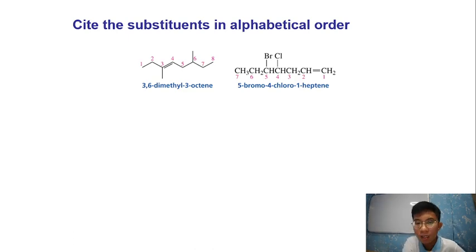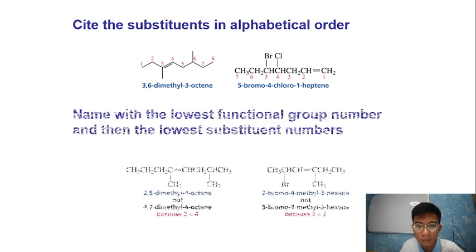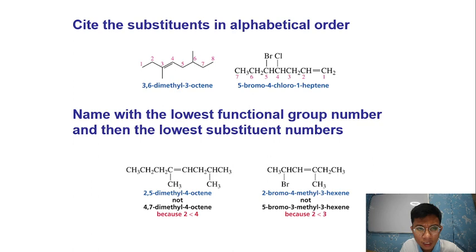So, elaborate this on organic compounds. Maybe just pause the video, then try it yourself. Explain siya. Okay, so ito naman ay name with the lowest functional group numbers and then the lowest substituent numbers. So, paano siya?